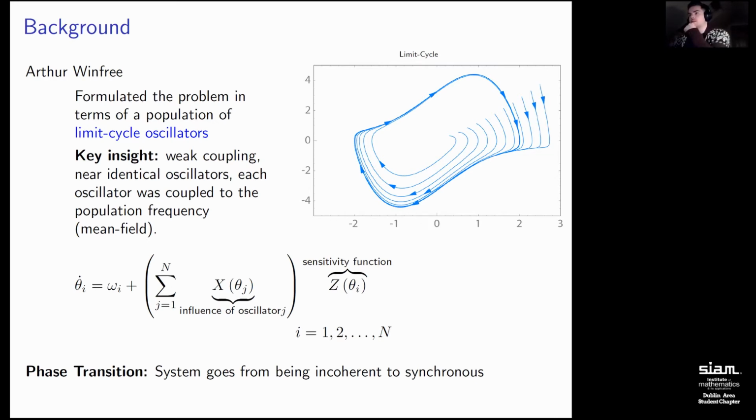So Winfrey's key insights, as well as formulating the problem as limit cycle oscillators, were to have weak coupling. We mentioned coupling already. Each of the oscillators is coupled together.